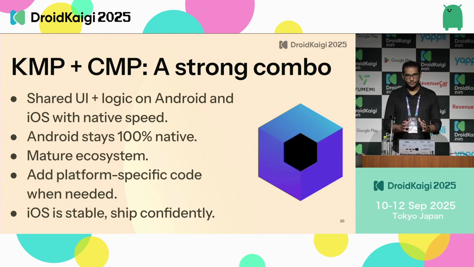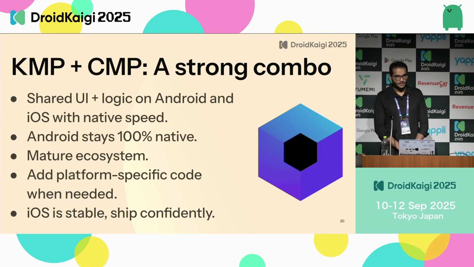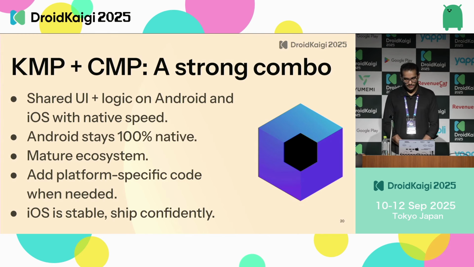You get to share both UI and logic with native speed. Compose Multiplatform is now stable enough to build with 100% confidence. And you can still add platform-specific APIs when you need something special.